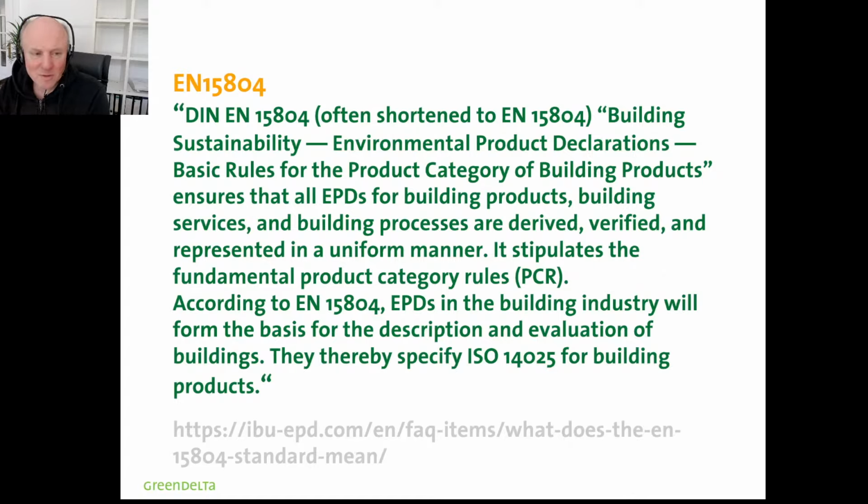EBU is one of the largest program operators for EPDs in Germany, and they say EN15804, Building Sustainability Environmental Product Declarations, Basic Rules for the Product Category of Building Products, ensures that all EPDs for building products, building services, and building processes are derived, verified, and represented in a uniform manner. It stipulates the fundamental product category rules.